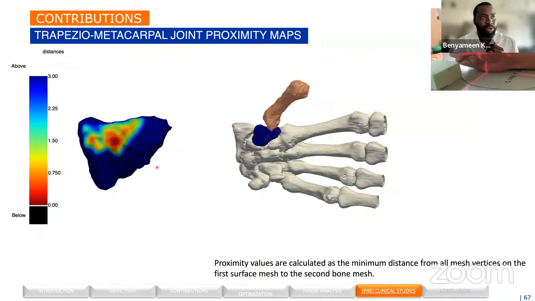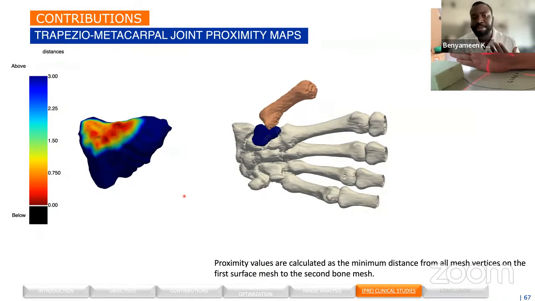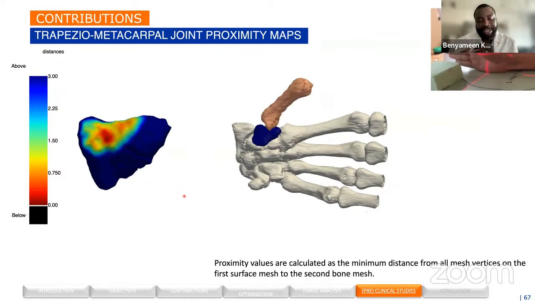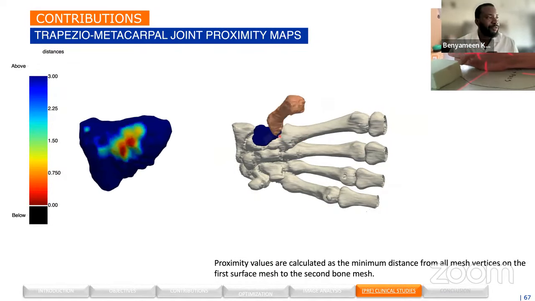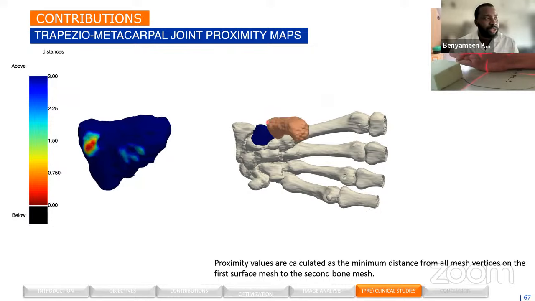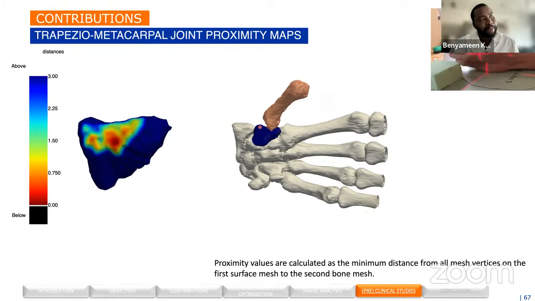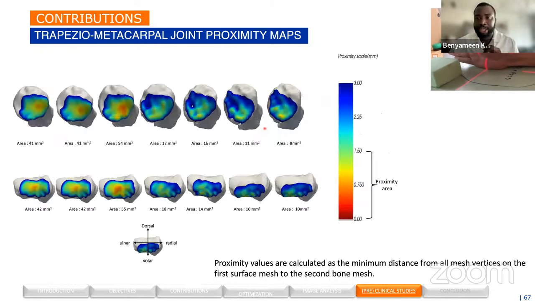In addition, we also created what we call proximity maps that give you an indirect indication of the proximity between the lower surface of, for instance, the first metacarpal and the upper surface of the trapezium. Like I said, we're trying to experiment with ways to present these images or data to clinicians, rather than just showing them the mathematical equations, which would not make sense, but giving them information that is relevant and can be used in their clinical practice.